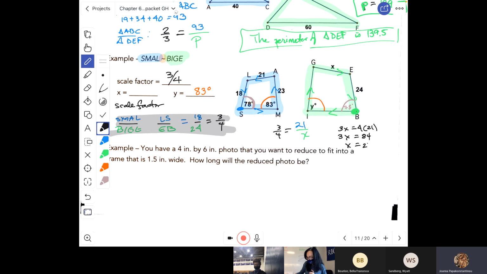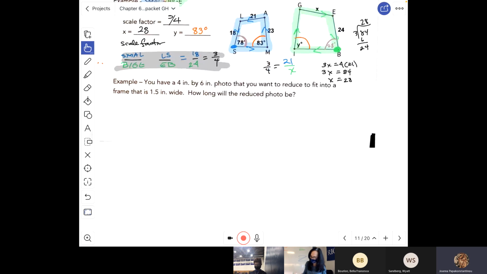Do we agree with that? 84 divided by 3. What is 84 divided by 3? 28. Y'all know how to do this, right? We okay with that? Okay.